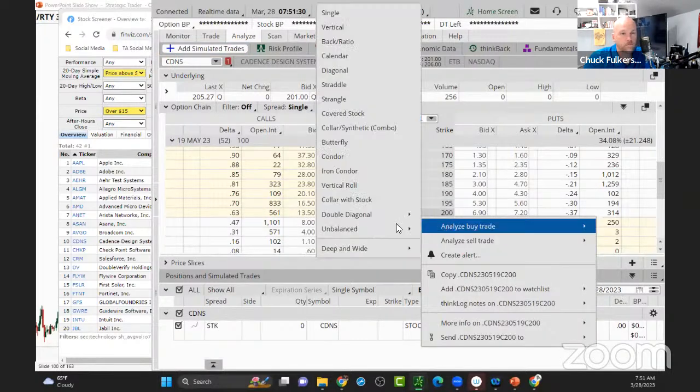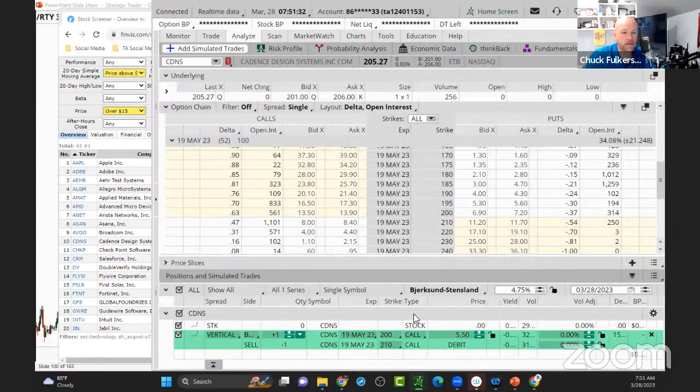Because remember, you got to pay the spread on both sides. So the 210 by 220 or 200 by 220 is going to give me a 32 delta with a 950 debit. That's right at my maximum debit. Now, why is my debit so high? My debit is so high because buying one, selling the other, I've got to pay the spread on both sides.